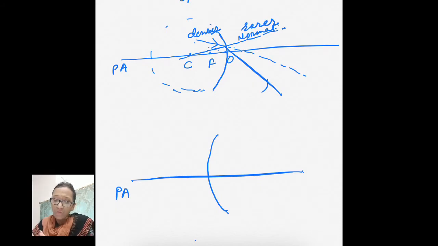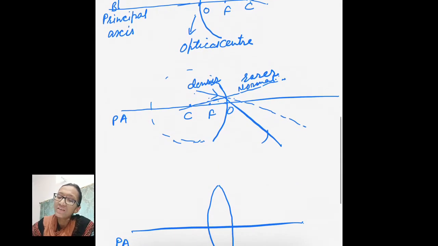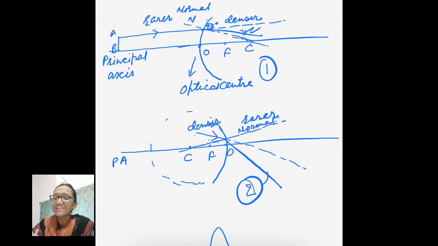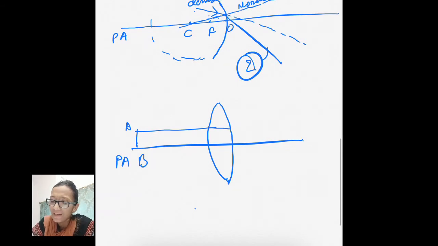When you combine the two surfaces, here you have the first surface, here you have the second surface, and when you take the same object AB, you observe that in the first case it is bending towards this principal axis, and in refraction through the second surface also it is bending towards the principal axis only. It is not going straight, it bends towards the principal axis.